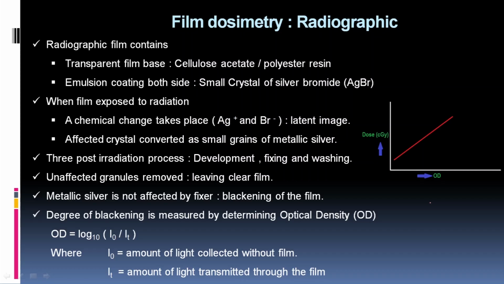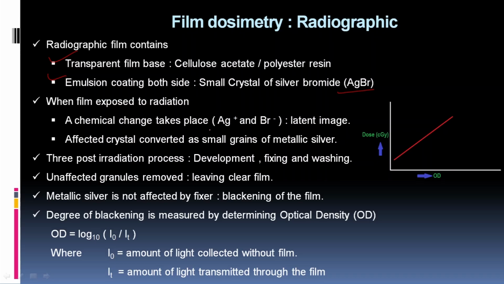Actually these emulsions are small crystals of silver bromide. So in radiographic film there are two parts, one is the transparent film base and another is the emulsion coating on both sides. The base is made up of cellulose acetate or polyester resin, and the emulsion coating is made up of small crystals of silver bromide.